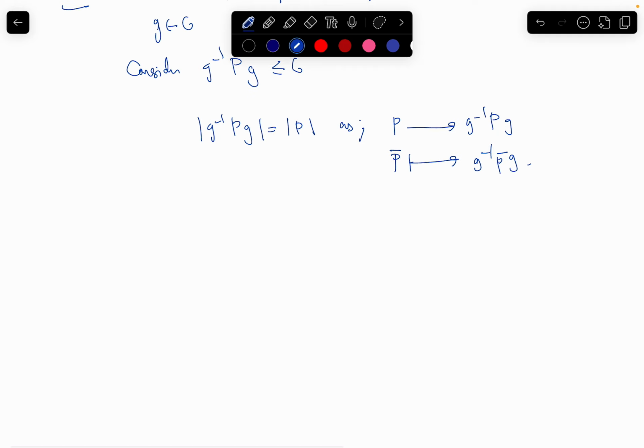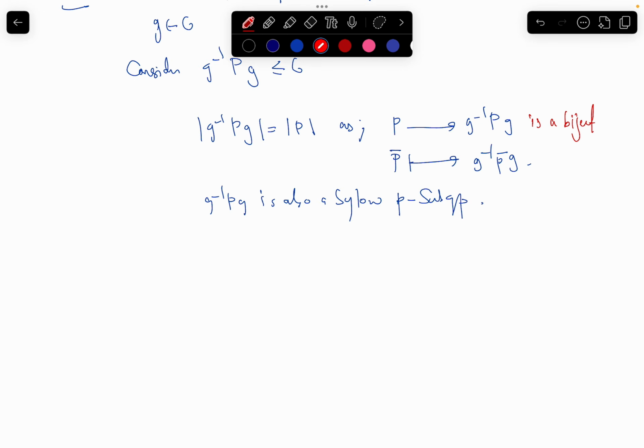So the number of elements are the same. So g inverse P g is also a Sylow P subgroup.